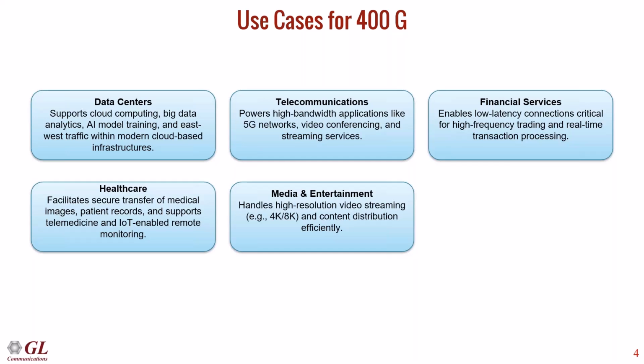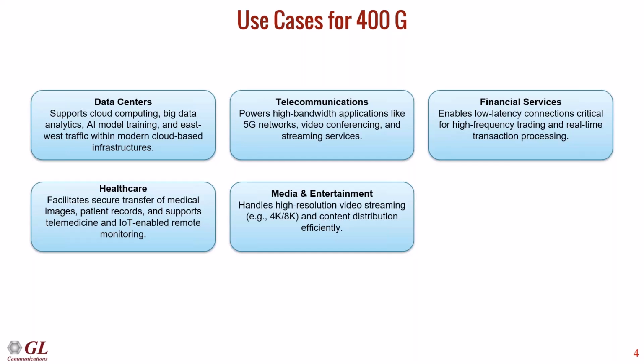It's used by financial services for ultra fast, low latency applications, so that financial companies can get very accurate, up to the second financial information. Other companies in the healthcare space, media and entertainment are all relying on super high speed links these days to connect to remote systems and services, and for streaming.